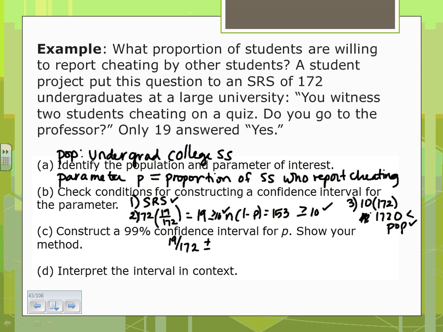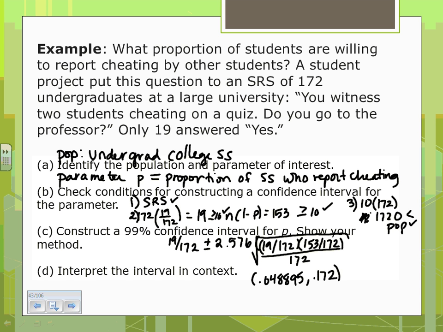So go on your table to the 99%, and I got Z star to be 2.576 times our standard error here, which is radical 19 out of 172 times 1 minus 19 out of 172 all over 172. And you can get this to simplify down. Okay?